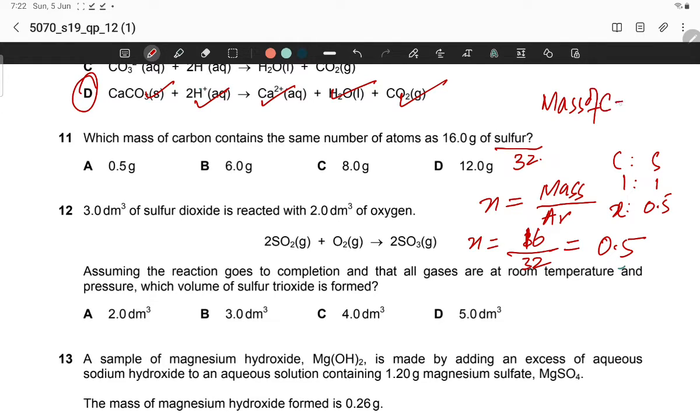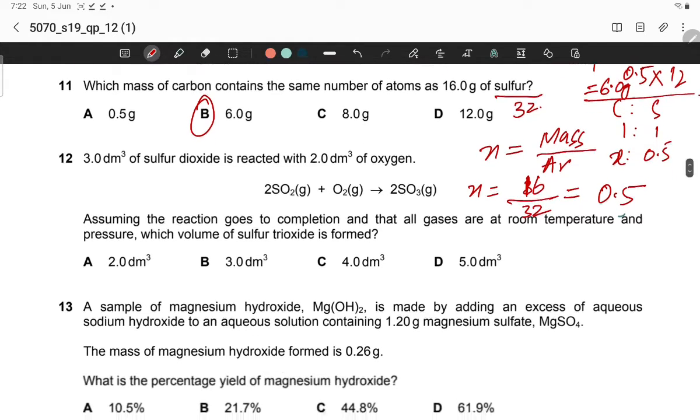Mass of carbon is equal to mole into Ar, 0.5 into 12, which is equal to 6.0 gram. So B is the correct option.